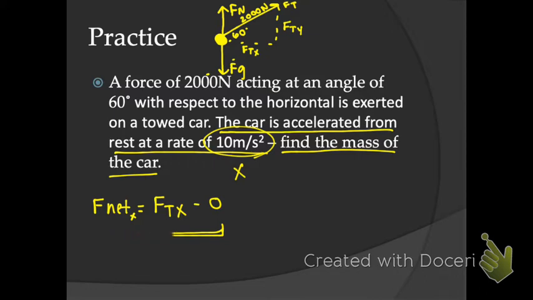So FTX is your Fnet. Can't you just find FTX and then divide by 10? Yep, bingo. That's the whole reason we're setting up this equation. So let's go back up here and solve for what FTX is, right? We're going to use cosine. So FTX would be 2,000 times cosine of 60.